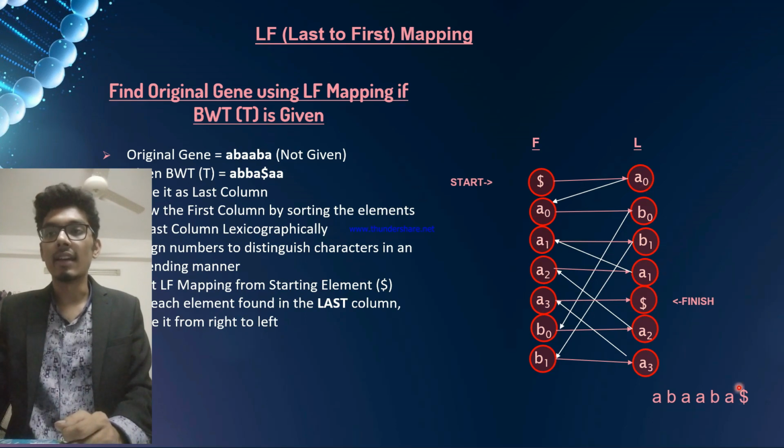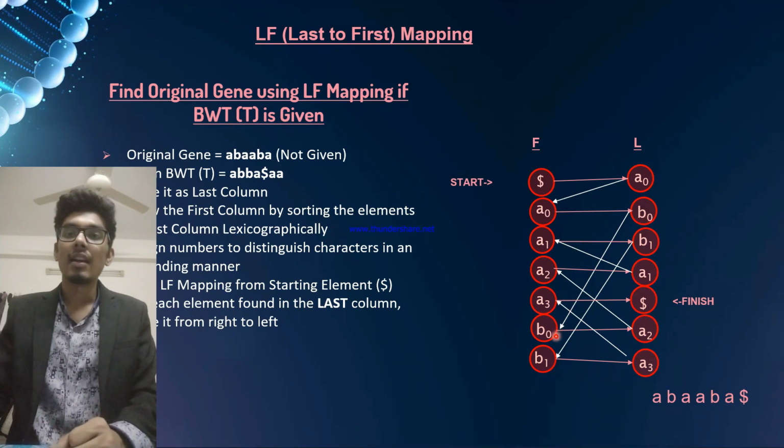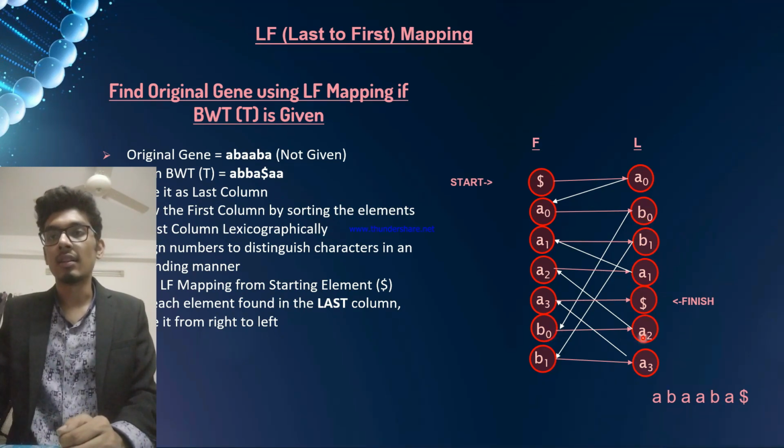So we write A here, and then we have to find the similar A0 in the first column. So here is the similar A0, and the horizontally pointed letter is B0. We write B. Then the similar B0 is here, and the horizontally pointed letter is A2.